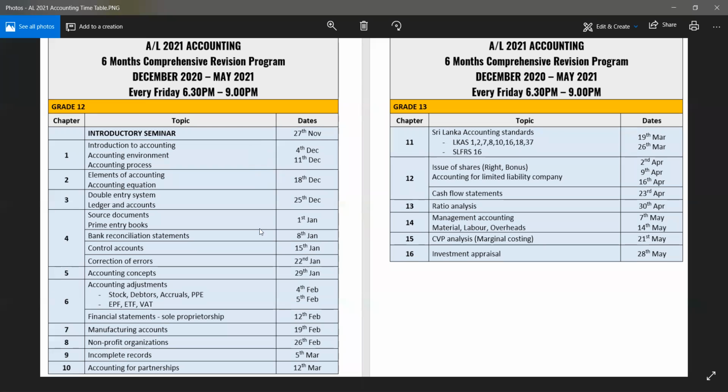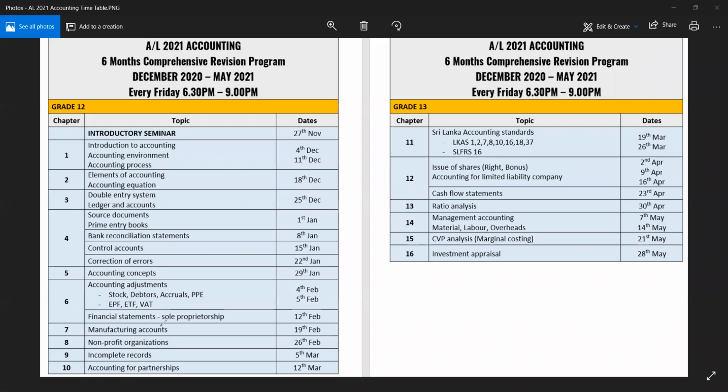So this is our plan. In the plan we are here, financial statements. The PPE part I'm planning to do as an extra session, and these are very straightforward, direct questions in the paper, so we can continue those things.